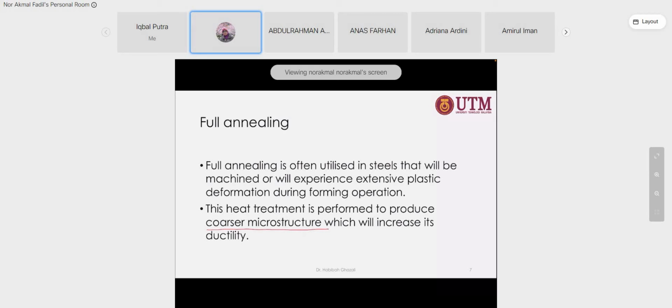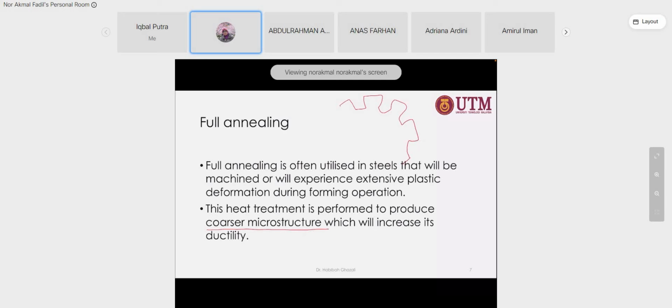Because for example, if there's a very complex structure, a product or component, you need to conduct several machining processes. For example, to produce, let me guess, a gear like this.